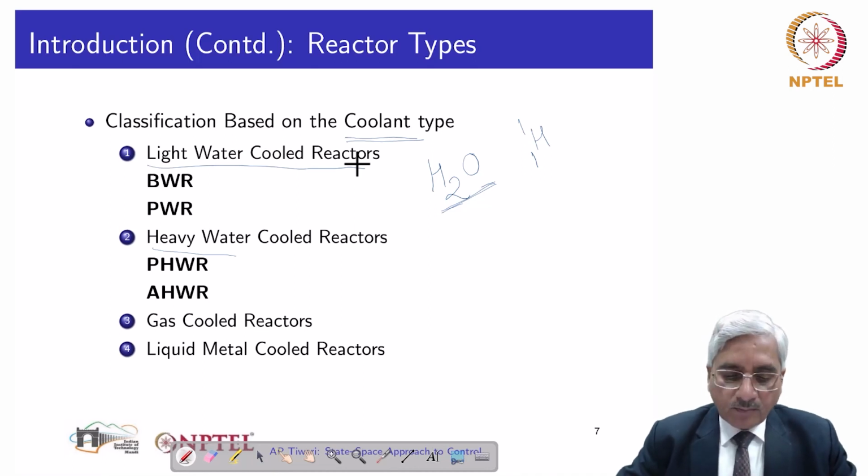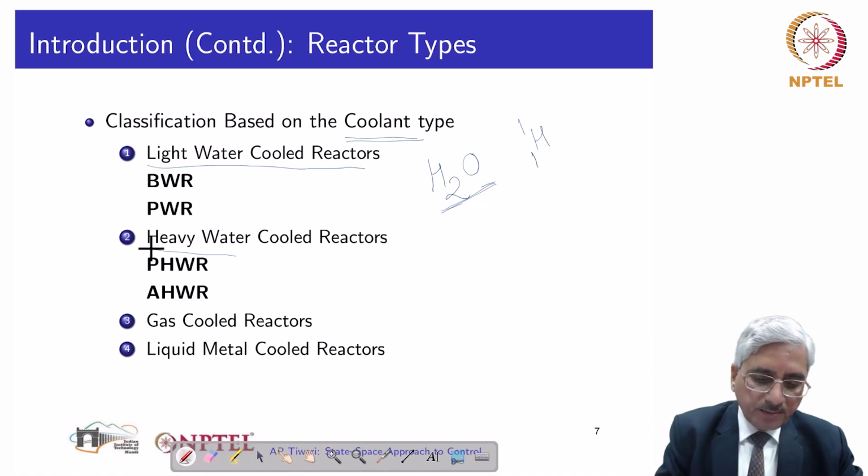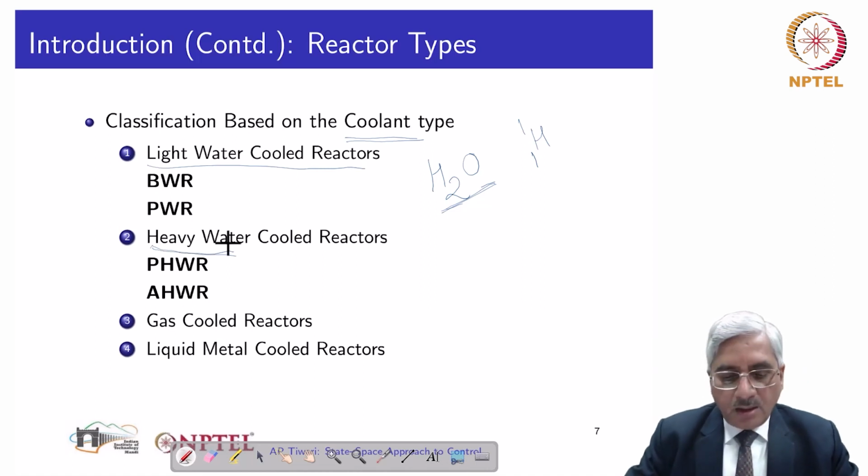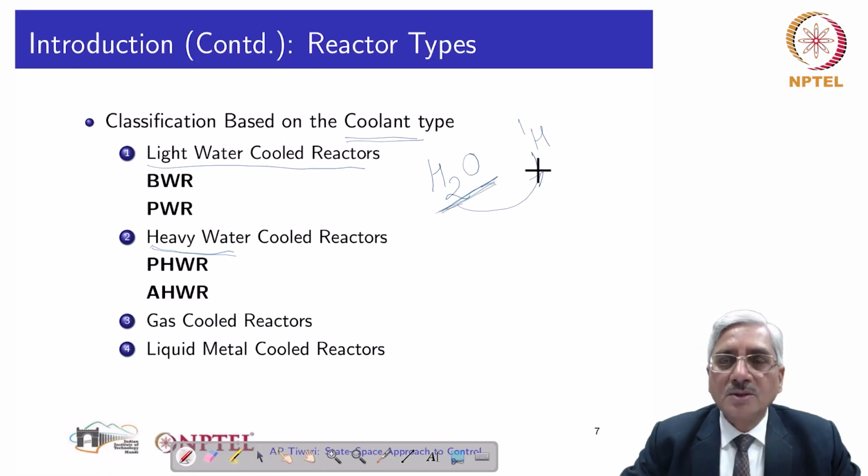The majority of the reactors in the world use normal water as coolant, and in nuclear parlance it is called light water to distinguish it from heavy water. Light water means the compound of hydrogen and oxygen, and we know hydrogen is 1H1, one proton and one electron. There is no neutron in the nucleus of this hydrogen.